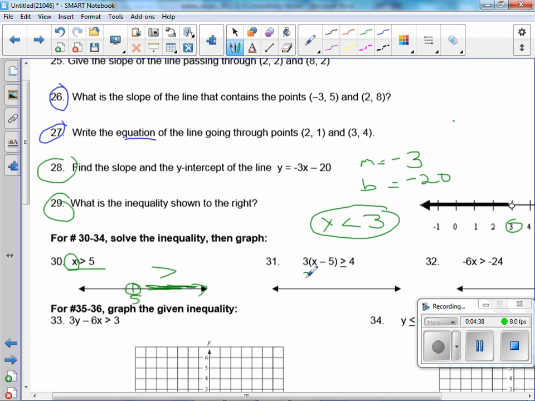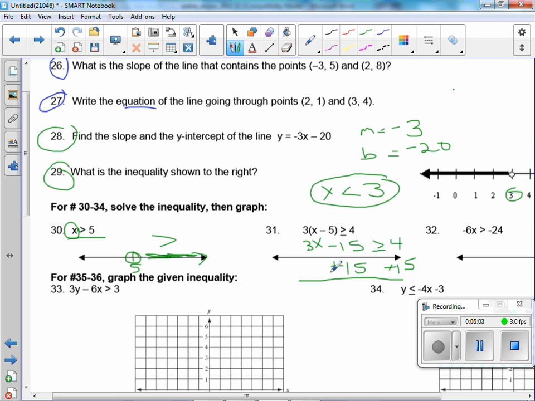So distribute, you get 3x minus 15 is greater than or equal to 4. Now we're going to add 15 to both sides. So we have 3x is greater than or equal to 19.